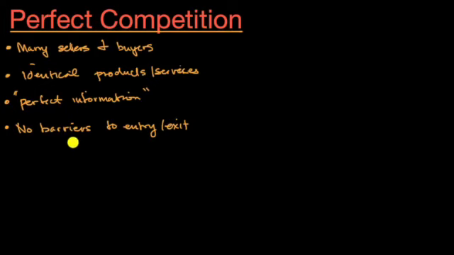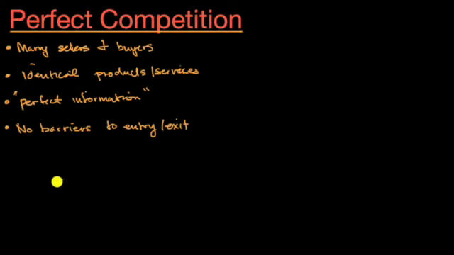You would somehow have to get land, you would have to get seeds, you would have to get fertilizer, you would have to hire people to put the seeds in and to harvest the crops. And so almost any industry, any market you imagine will have some barriers. But this is an idealized notion that economists like to think about. And of course, in the real world, things might approach this or be closer to perfect competition than, say, other markets. But when you are in this situation, let's analyze what will be happening.